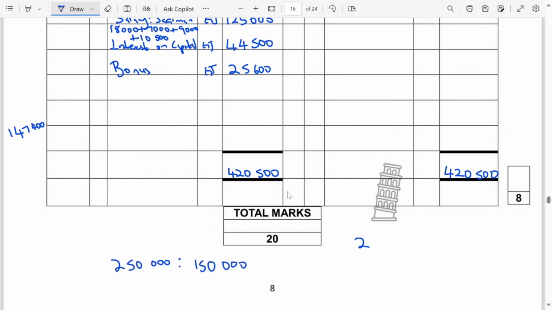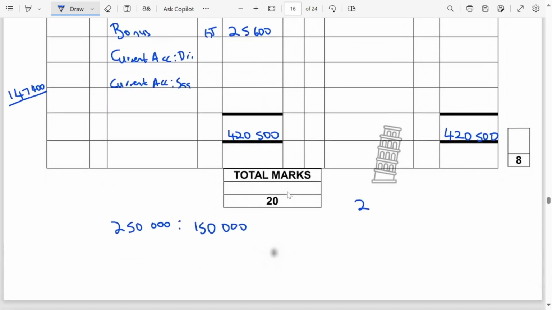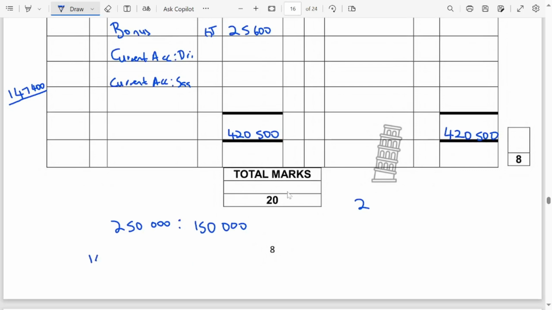Now, after finding the remaining profit, we have to transfer those remaining profits to the current account of every partner. So we have Dracos and then the current account of Seaman. Right? So we are going to say 147,400 multiplied by.